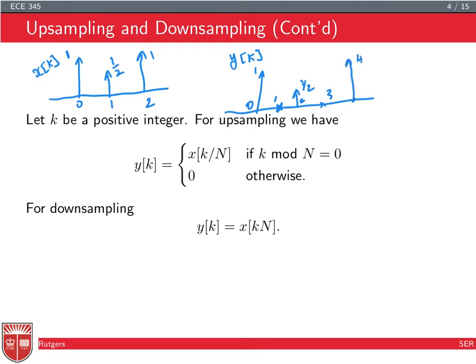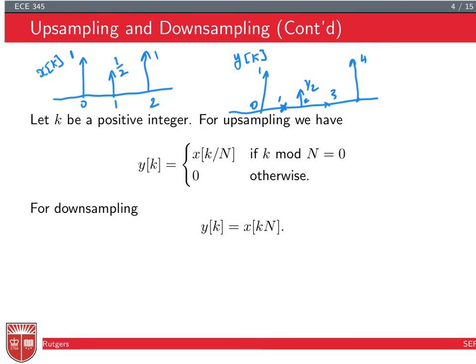Now, the value of y of 0 is equal to x of 0, and then y of 2 is equal to x of 1, and y of 4 is equal to x of 2, and so on and so forth.